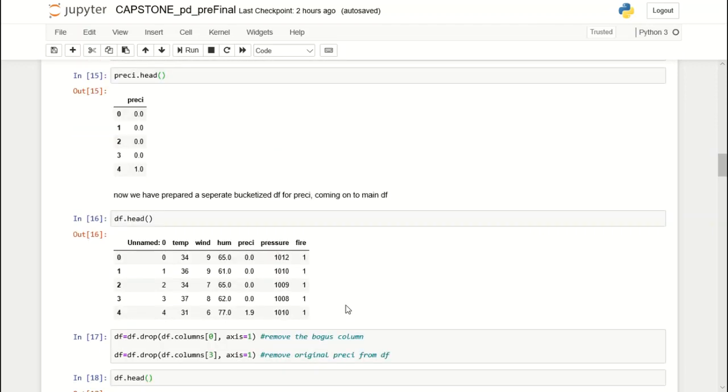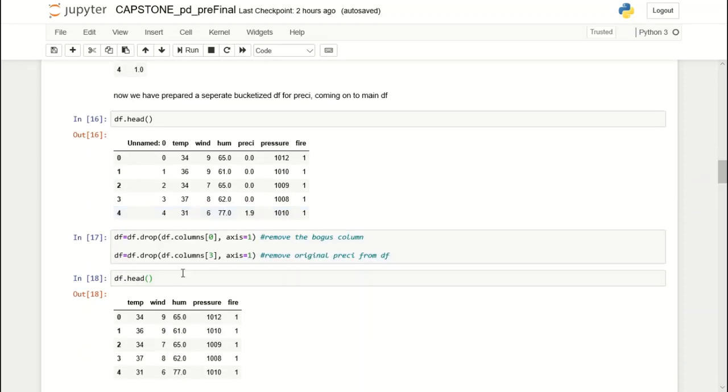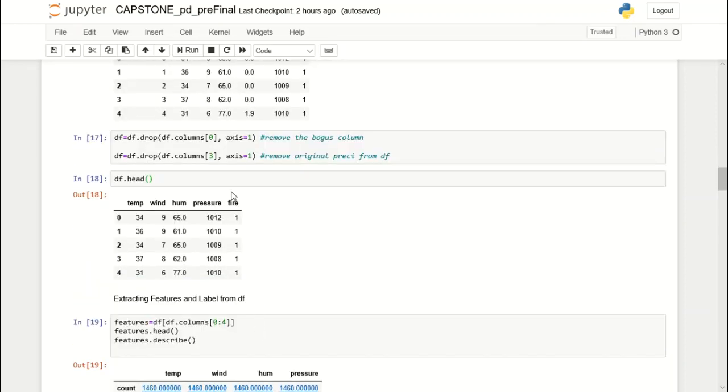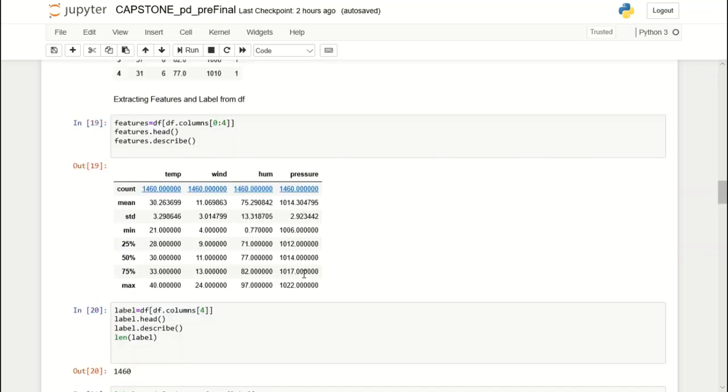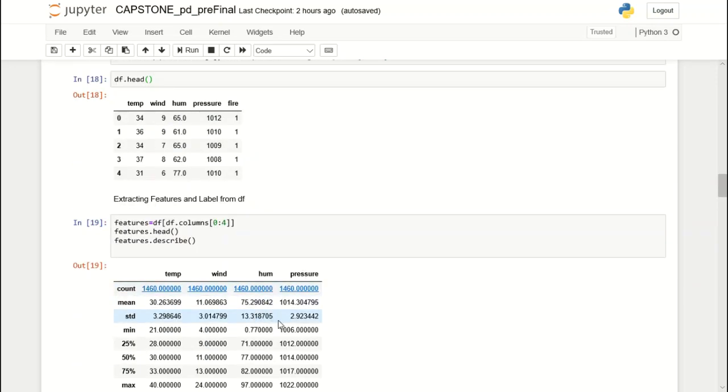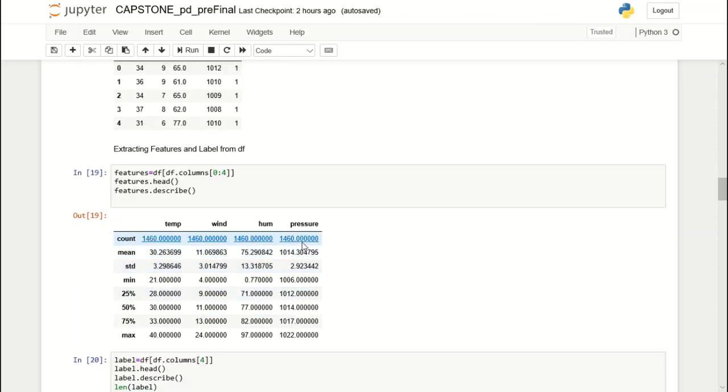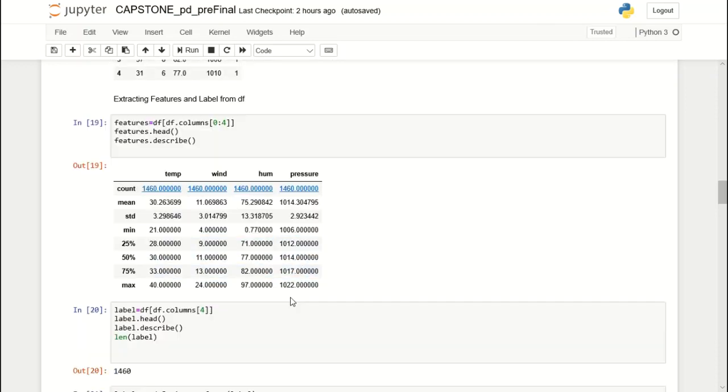We have taken out the bucketized precipitation, and now we are left with this data frame. We'll remove this column and the precipitation column, which is done over here. Now we'll extract features and labels separately. The thing is, we have a lot of values around 1000, but here we have values like 30, 11.